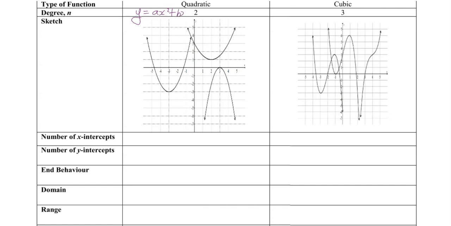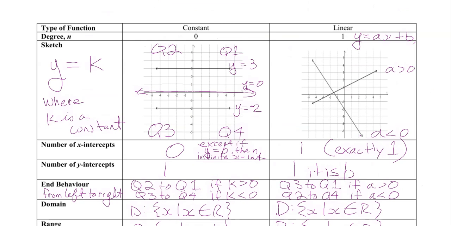Ax squared plus bx plus c, a is not equal to 0. As long as I'm cleaning stuff up, a is not equal to 0.